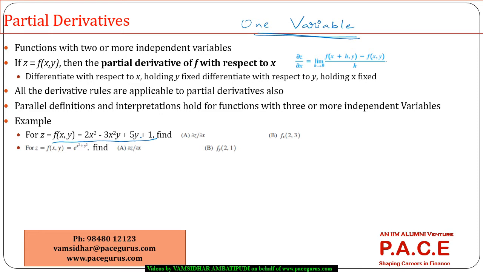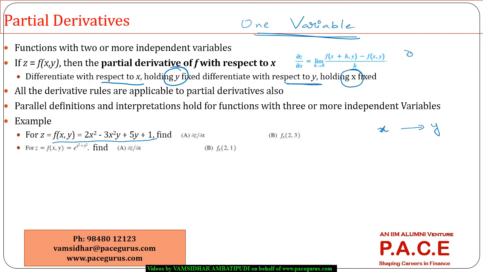And if at all I want to find the derivatives, so this is where I'm talking about finding the derivative with respect to x by holding y as constant, right? I'm trying to find the derivative or differentiate the function with respect to x by holding y as constant, or I am differentiating the function with respect to y holding x as constant.